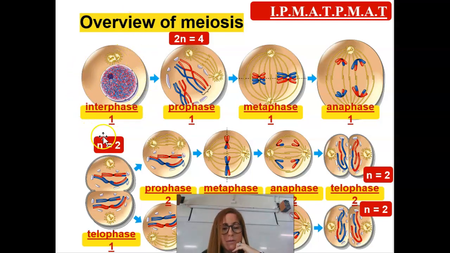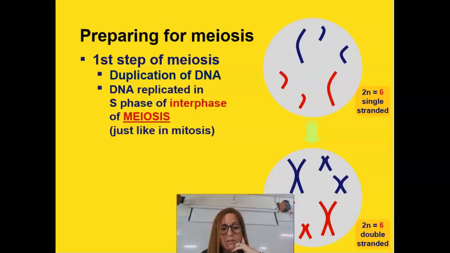So just remember, DNA is replicated once at the very beginning. Then we go through prophase 1, metaphase 1, anaphase 1, and telophase 1. That's meiosis 1. And then we go through meiosis 2, which is prophase 2, metaphase 2, anaphase 2, and telophase 2. So we're going to take a closer look at some of these as we go through.